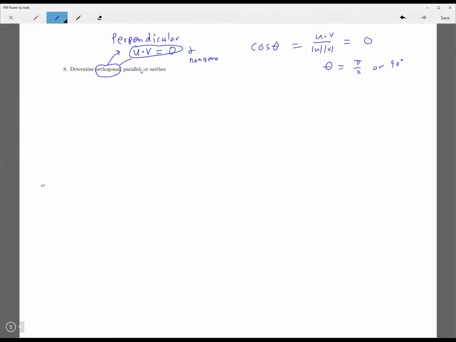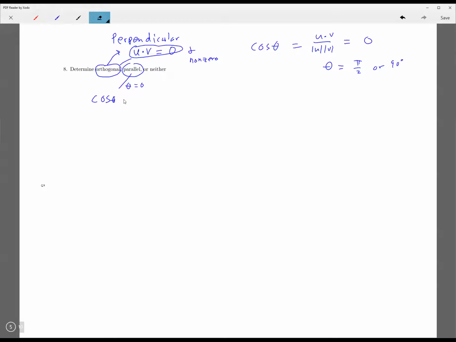parallel is when they're pointing in the same direction. So for parallel, the way that you can tell is if they're parallel, then they're pointing in the same direction, and the angle is going to be 0.